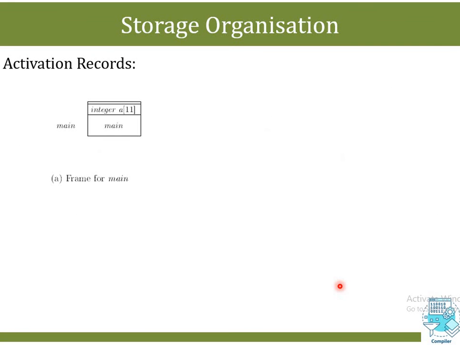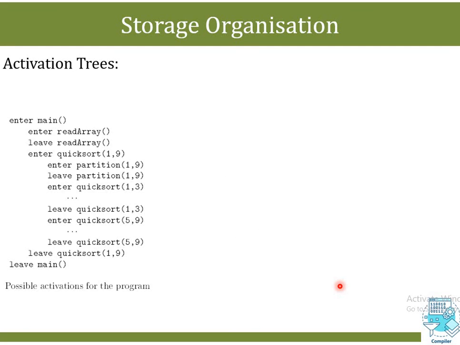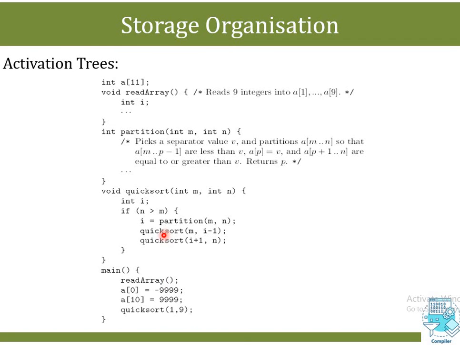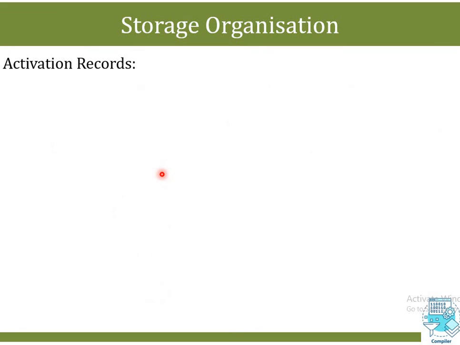Say, for example, just consider this case. Once the control has gone to the partition function, the partition function statements will get executed. After completing it, the control comes back to quick sort. Once the control comes back from partition to quick sort, whatever state quick sort was in before going to the partition function, it should be in the same state, right?